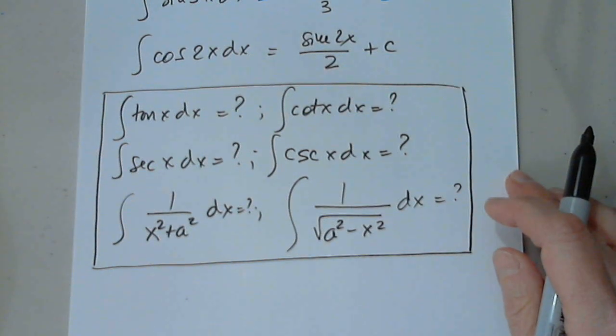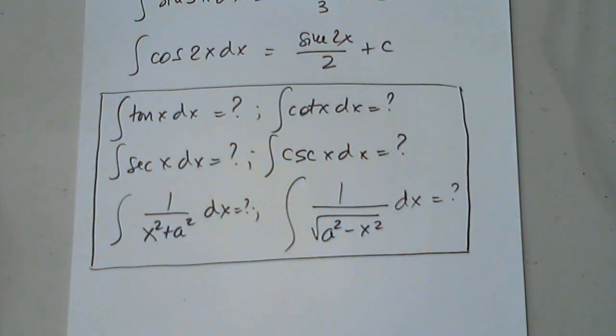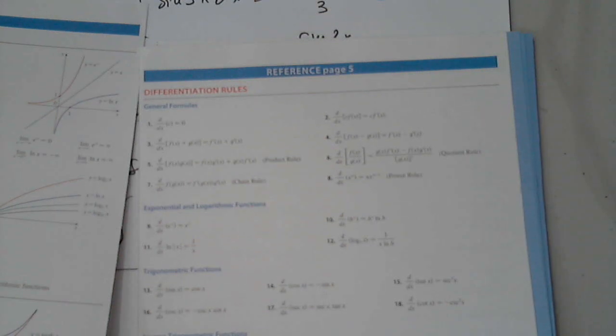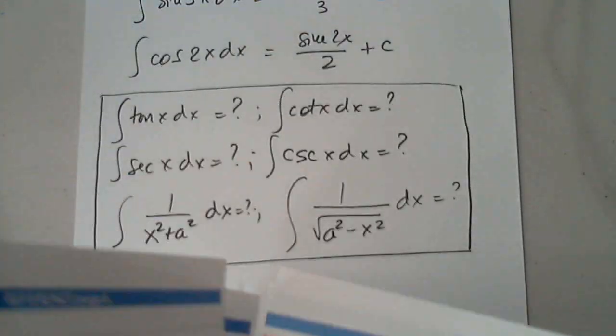You can put them in a table, and I do have prepared, and I did post the table of integrals, and this is in your book. I also scanned all this and you can directly go to it. So you have algebra, you have geometry, all these are posted in each module, as well as differentiation rules and the table of integrals, and we're going to discuss these when we get to the tables.